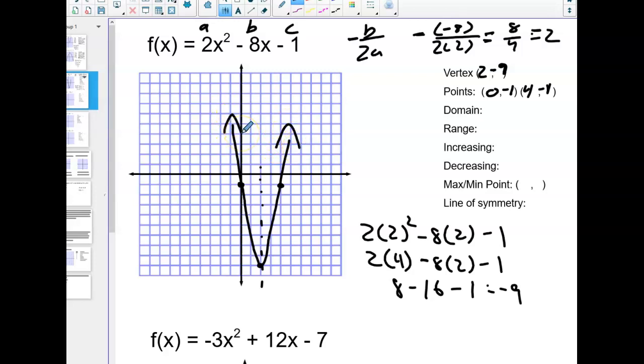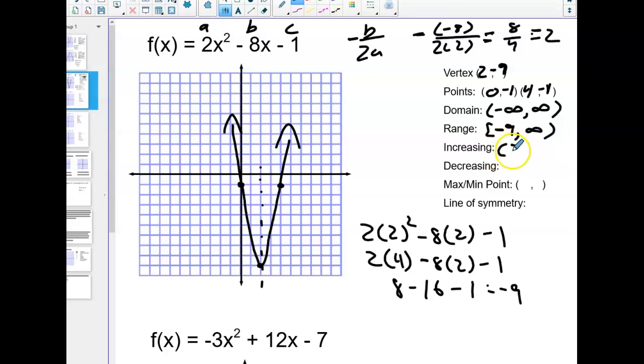My domain, as always, is going to be negative infinity to infinity. My range, it's going up. So we're going from negative 9 to infinity. It is decreasing as I come in from the left and increasing as I go out to the right.